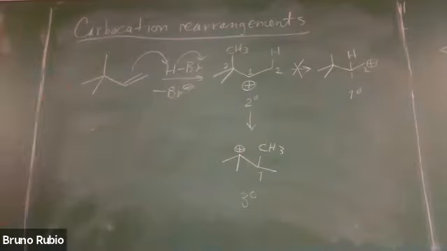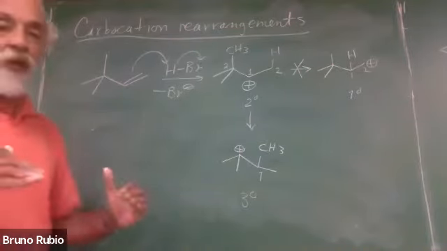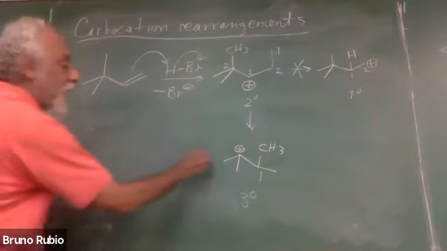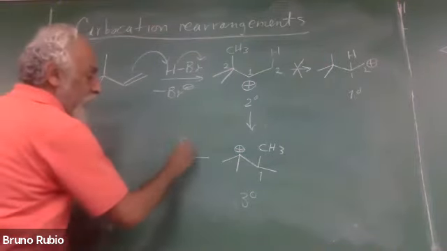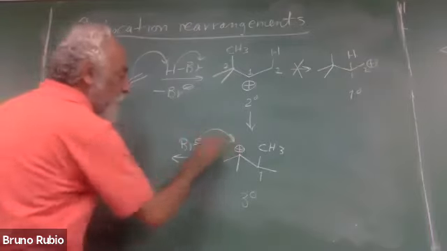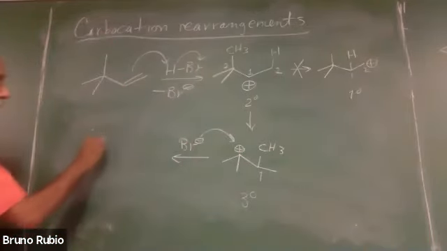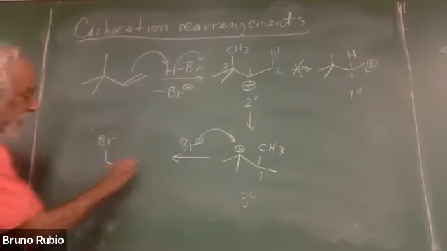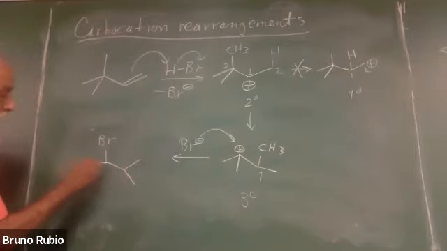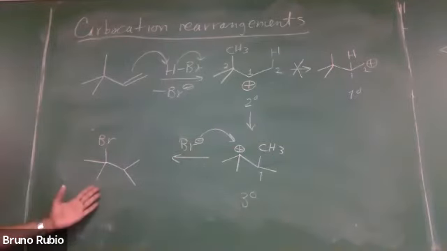And so that is downhill in energy. That is a less stable ion rearranged to a more stable ion. And then the final step of this reaction mechanism is the capture of the carbocation by the nucleophile. And so this is the structure of the product that we drew a few minutes ago, for which I gave you the NMR.